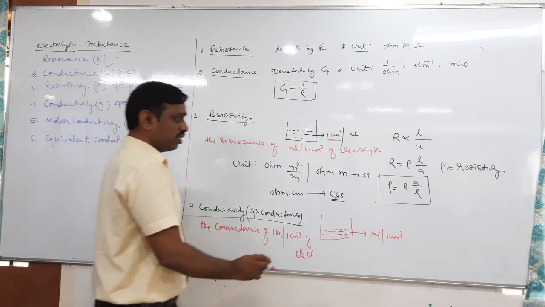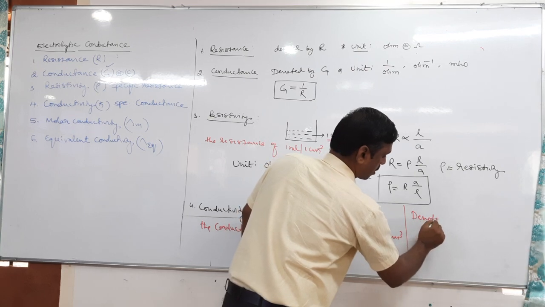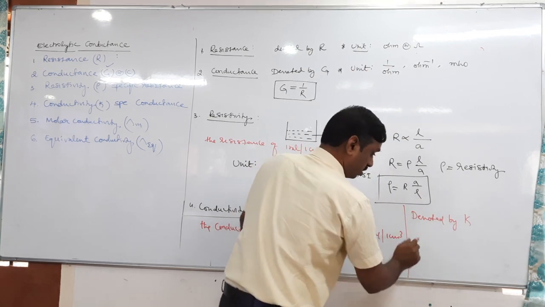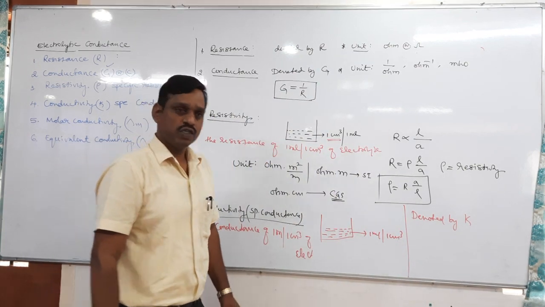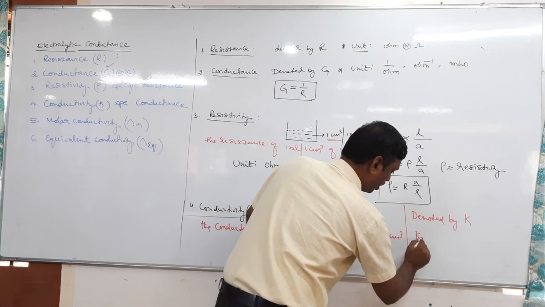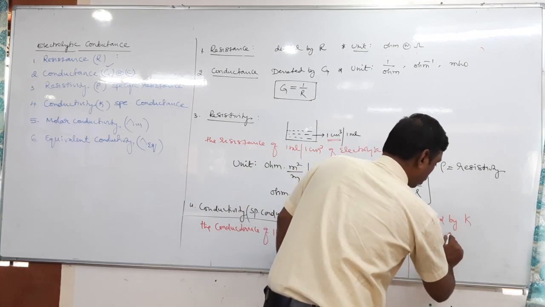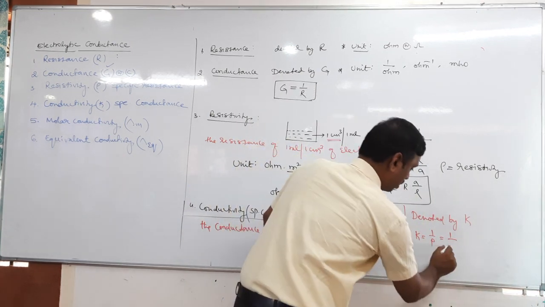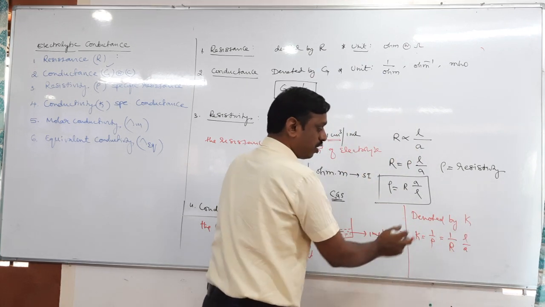This conductivity is denoted by the letter K, and moreover the reciprocal of resistivity is also called conductivity. So K equals 1 by rho, but we know that rho equals R into A by L, that is RA by L. It means K is 1 by R into L by A.